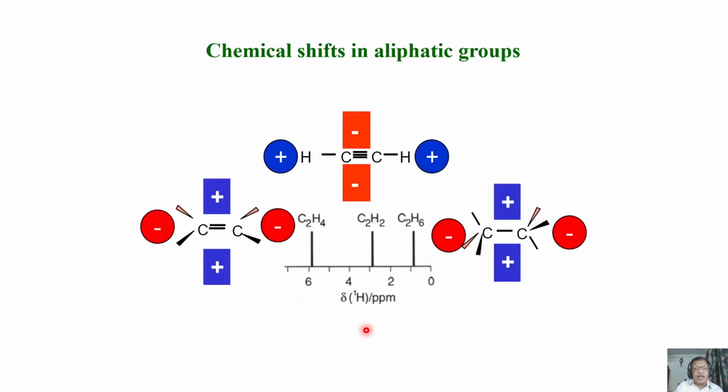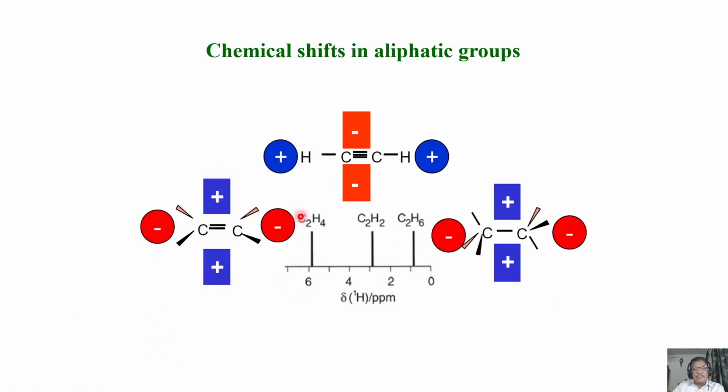Similarly, in simple logic, I will tell you what is going to happen. If I take aliphatic groups, and a triple bond structure like acetylene, C2H2, in this triple bond the protons above and below get deshielded, and acetylene comes much downfield. Whereas in C2H4 and C2H6, ethane and whatever alkanes you take, in the bond axis the protons get deshielded, and above and below the bond they are shielded.